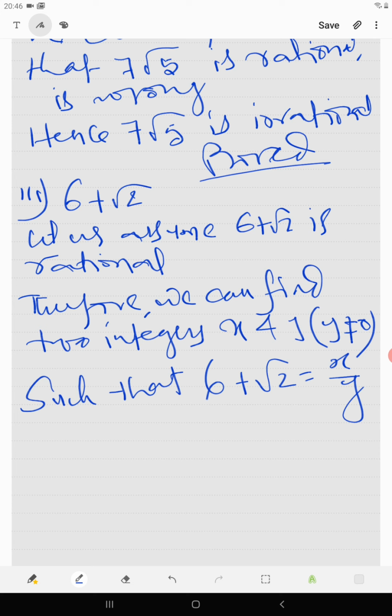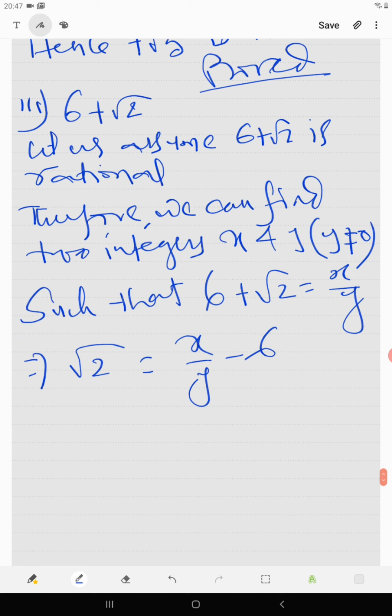Clear? So this simplifies to root 2 equals x by y minus 6. Correct? Now, as I have told you already, if you are adding, subtracting, multiplying, or dividing by any integer, then the result will be a rational number.